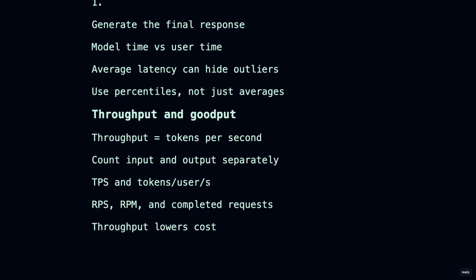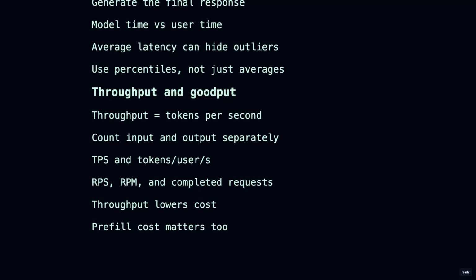Higher throughput usually means lower cost per token, because the fixed hardware bill is spread over more generated output. That makes throughput a direct part of the economics of serving models. Pre-filling has its own cost, and you should account for it separately from decoding.